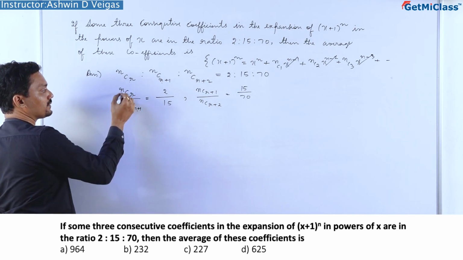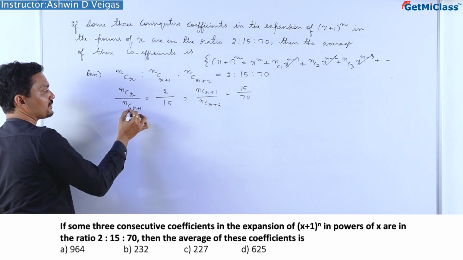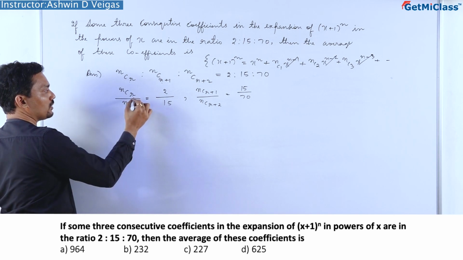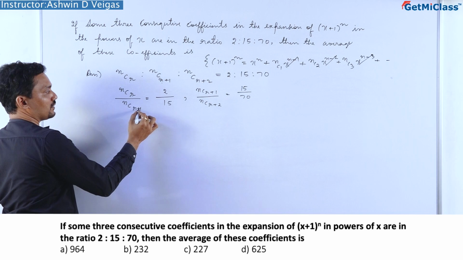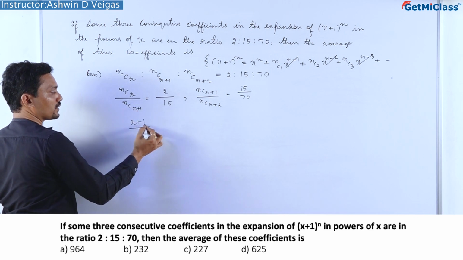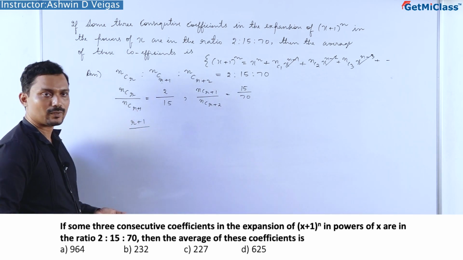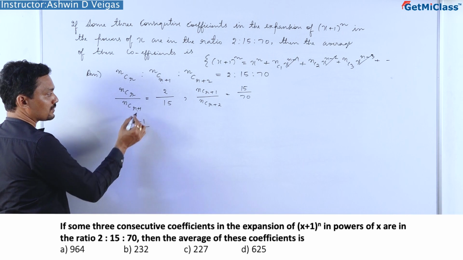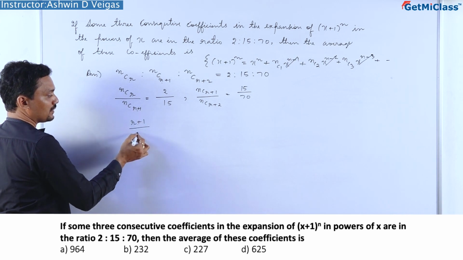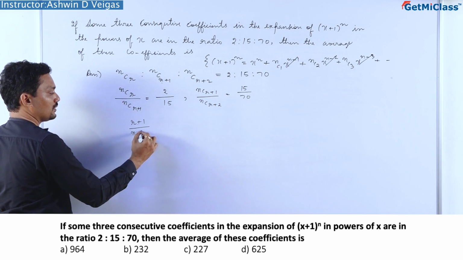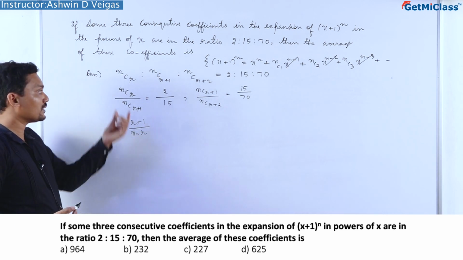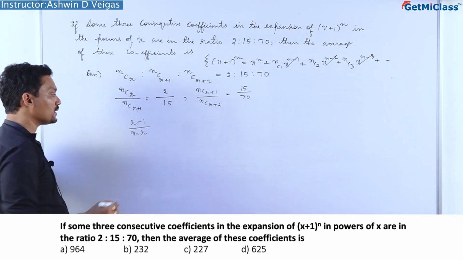And this index should be the same. If you have this kind of combination term, the bigger index is r + 1, so you have to write r + 1. This is how you remember. And the denominator is, once you write r + 1 here, the difference n minus r. So, something like this you can remember the simplification of this combination term.